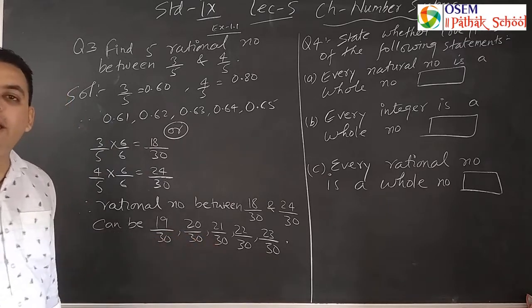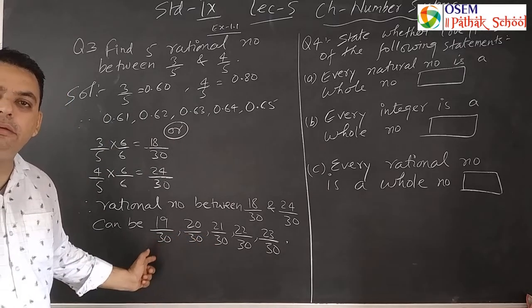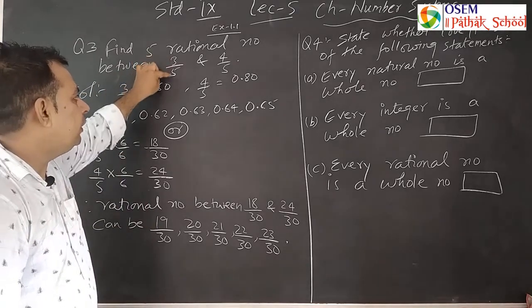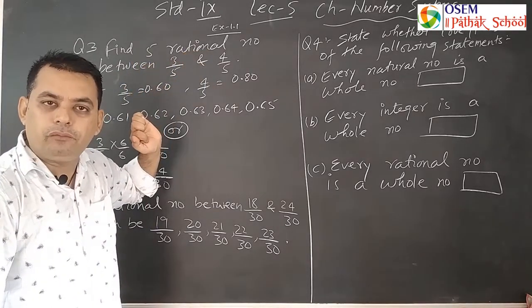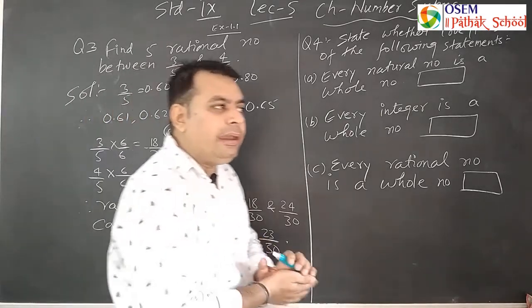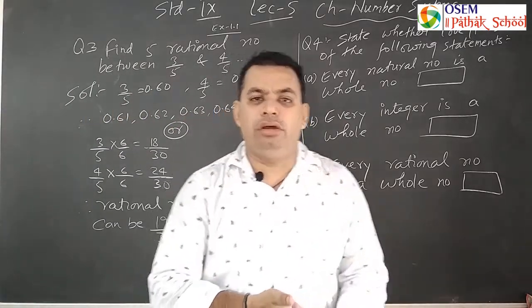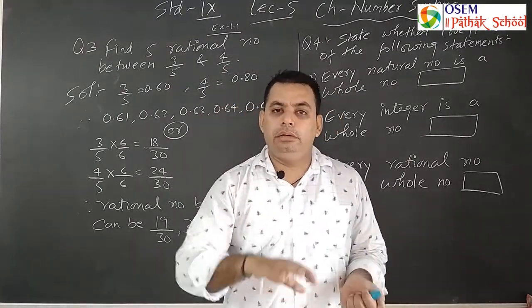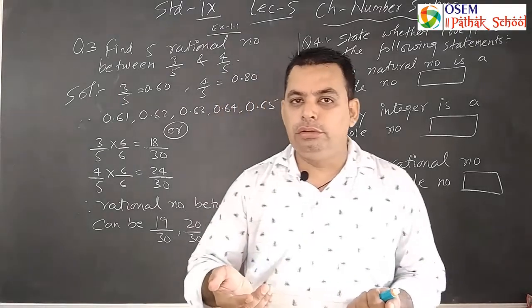These are the 5 rational numbers that we can find out between the numbers 3 by 5 and 4 by 5. Means any of the methods. I told you, there can be infinitely many rational numbers. Your answers can vary. It can be different from your friend's one.